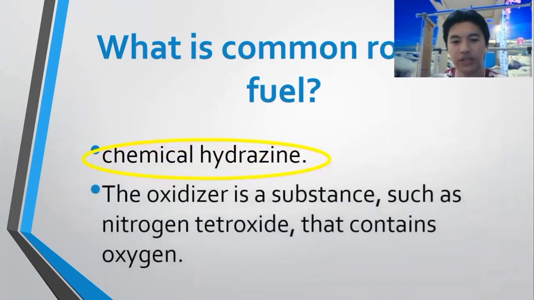The oxidizer is a substance such as nitrogen tetroxide that contains oxygen. When the propellant is ignited, the oxidizer provides the oxygen the fuel needs to burn.